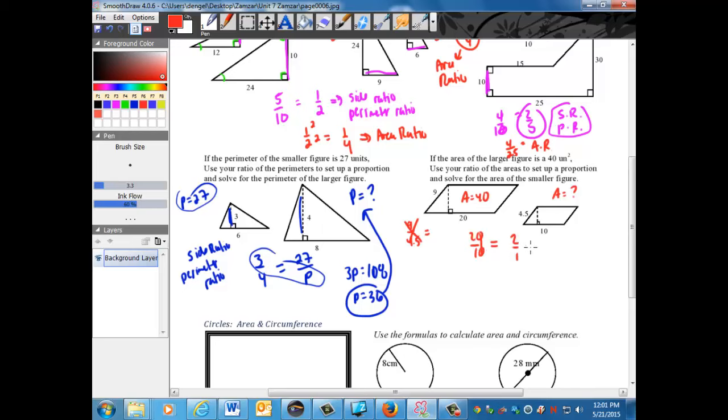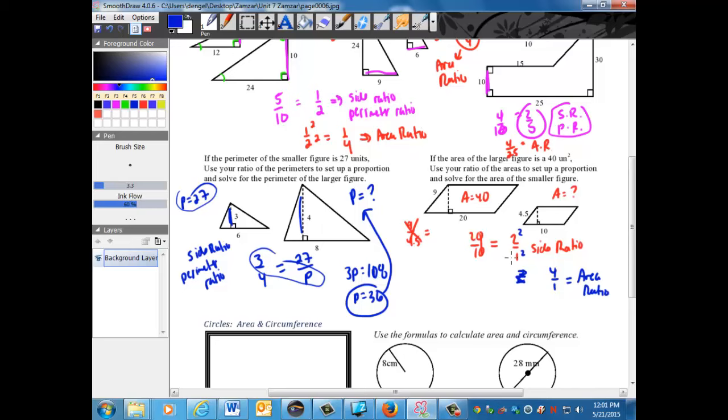Now, let's keep in mind that 2 over 1 is a side ratio. It's also a perimeter ratio, but we're not being asked to find perimeter like we were in this last problem. We're being asked to find area. So we actually have to next convert it to an area ratio. So I square 2 and I square 1, and that gives me 4 over 1, and that's my area ratio.